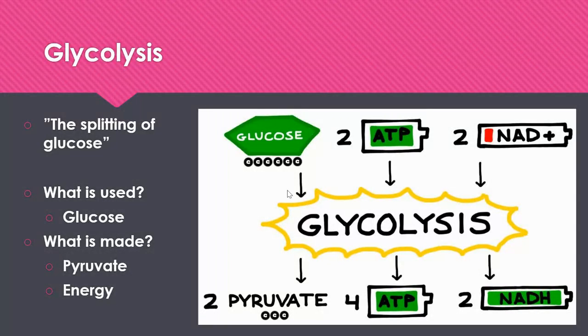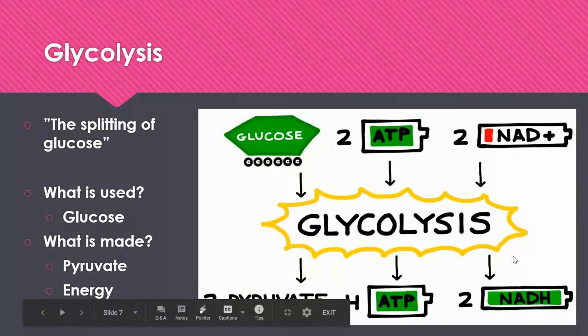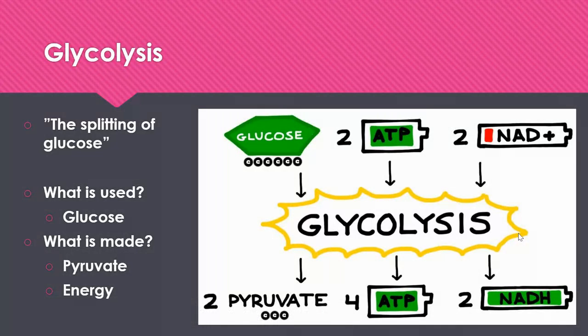So glucose gets broken down into 2 pyruvate molecules, which are smaller and can now fit into the mitochondria. A little bit of energy is also produced. Some ATP and NADH are just like charged up energy molecules, kind of like a battery. So glucose is used, pyruvate and energy are produced, and this happens in the cytoplasm.